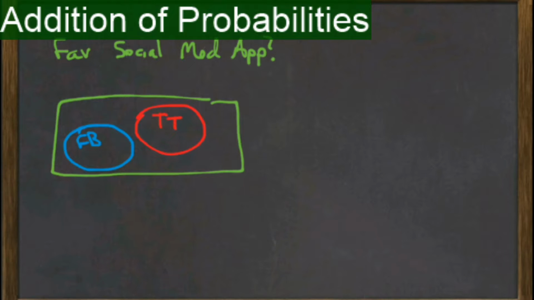Okay, the classic Venn diagram has overlap between the two circles, right? That's what we see in kind of the public sphere, or the popular culture Venn diagram. But a Venn diagram here does not need to overlap, and in this case, they wouldn't overlap.